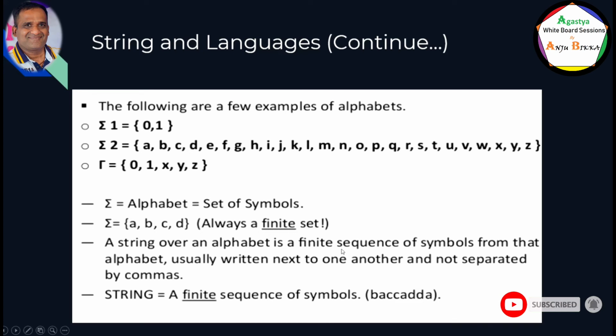For example, if the alphabet sigma 2 is A, B, C, then BA, CC, ADD are strings. We are writing the symbols of the alphabet next to each other without spaces and commas. It forms a string over that alphabet.